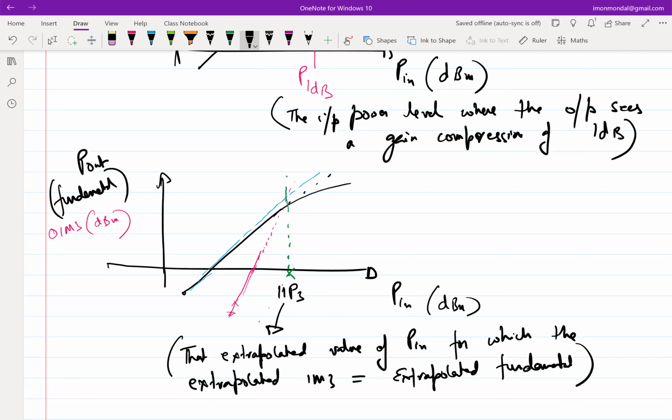The extrapolated is the key word here, because whatever value of IIP3 you get, it doesn't mean that you can apply an input at that power and expect the system to work, because clearly it will probably be at much higher power than even P1 dB.